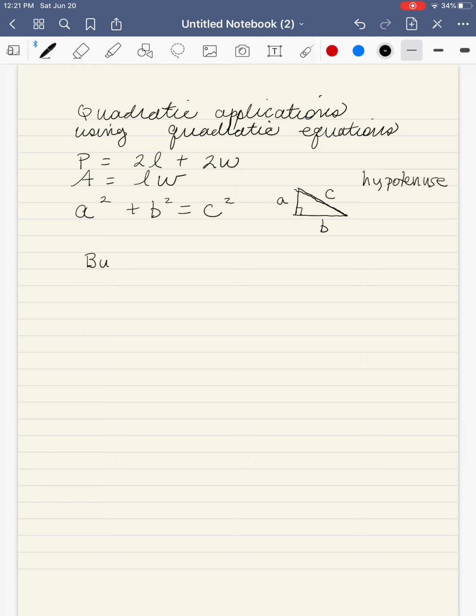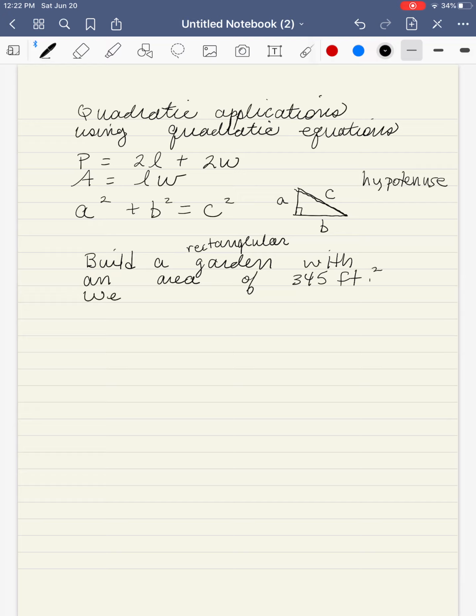So let's say that we want to build a rectangular garden with an area of 345 feet squared.